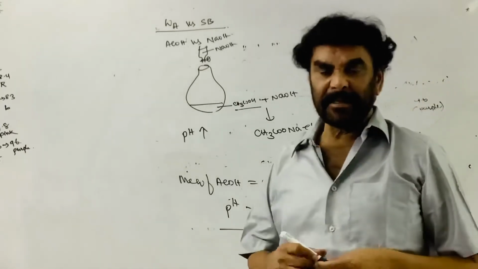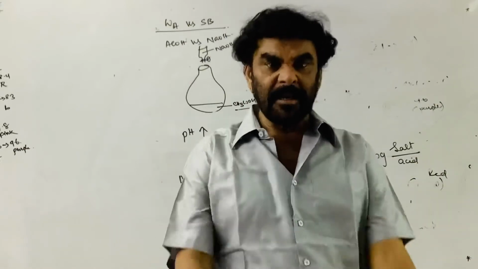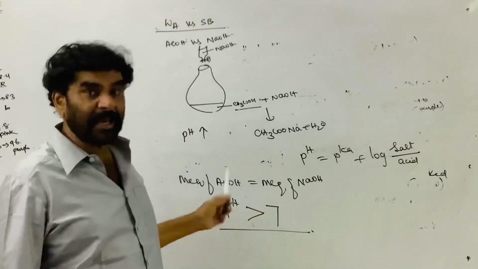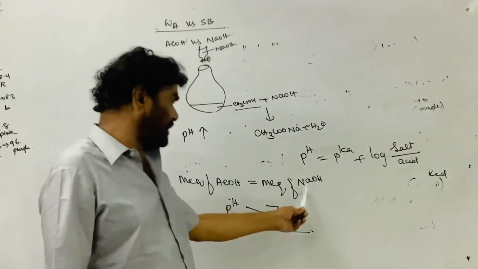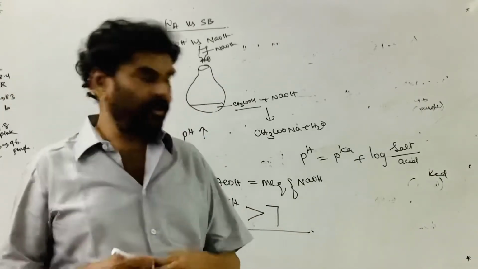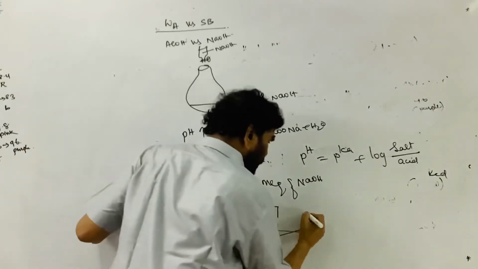The salt has the tendency to undergo hydrolysis, that is salt hydrolysis. It is the salt of a strong base and weak acid, so the strong base component has the effect, giving a slightly basic solution. Therefore, pH is greater than 7, slightly alkaline.